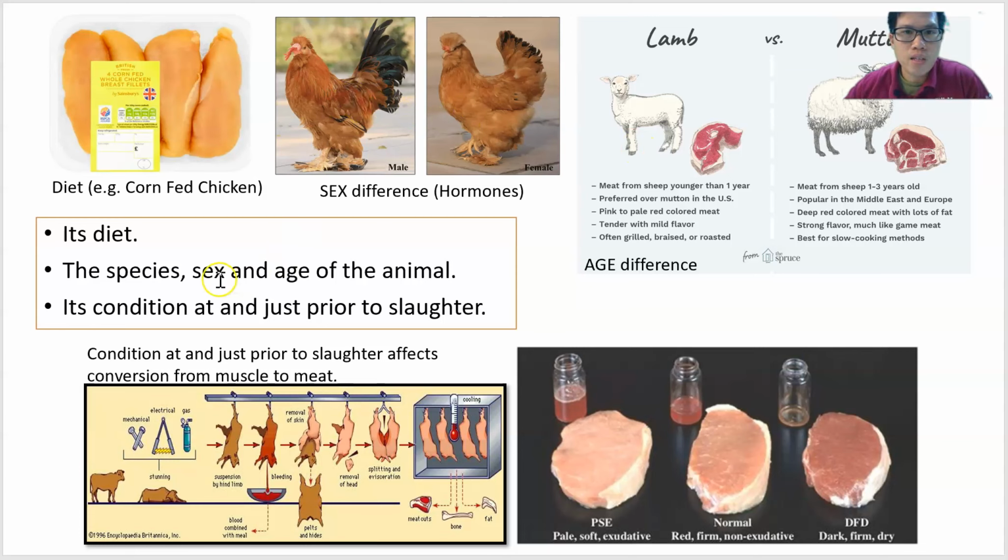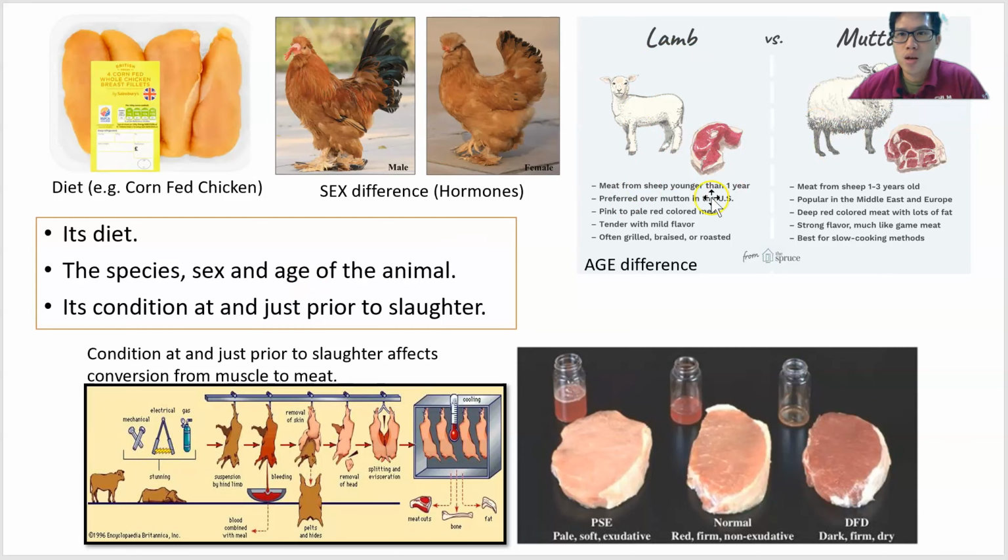The sex also makes a big difference, between male and female. Male and female have different hormones, and these differences in hormones can also result in different tastes. The age, you can see from here, comparing lamb and mutton.